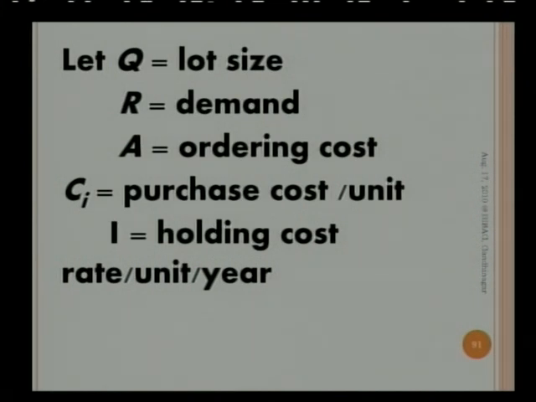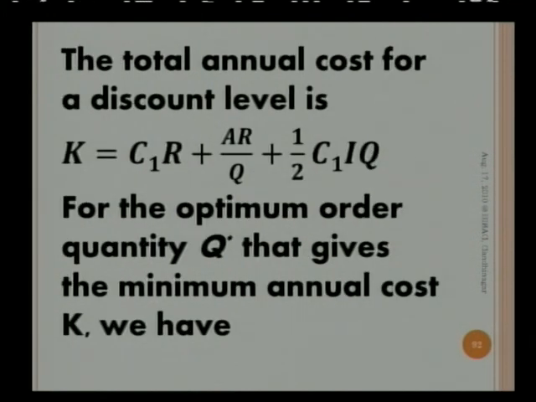A is the ordering cost, Ci is the purchase cost per unit for the ith price break, and I is the holding cost rate per unit per year.